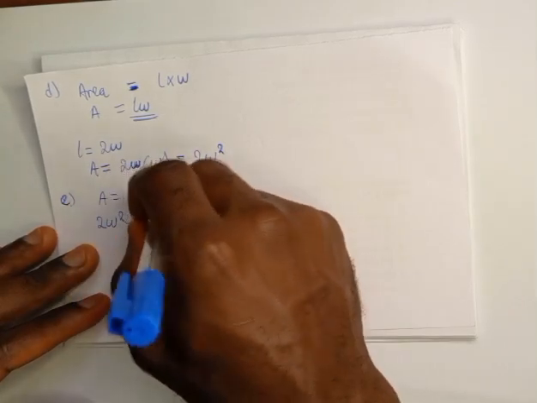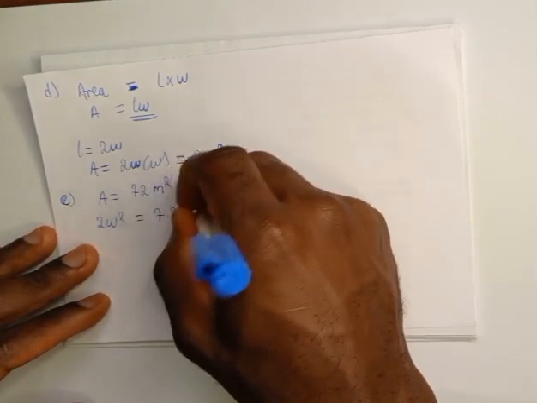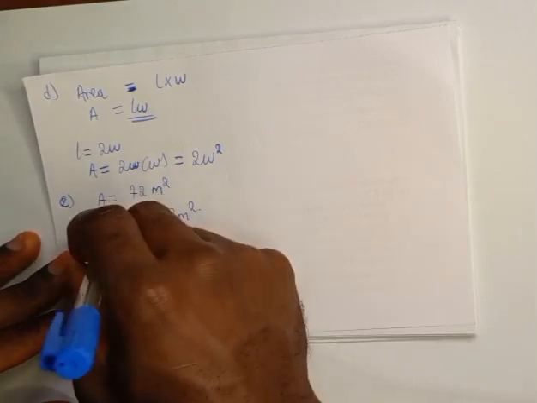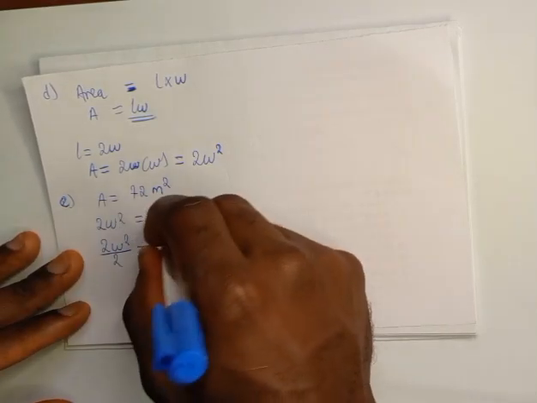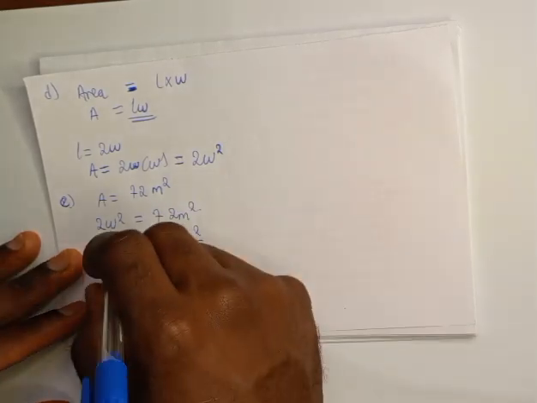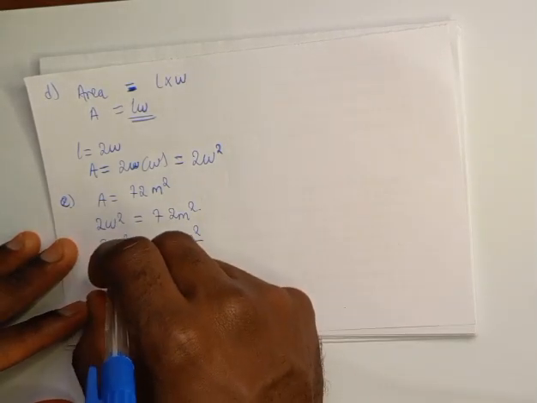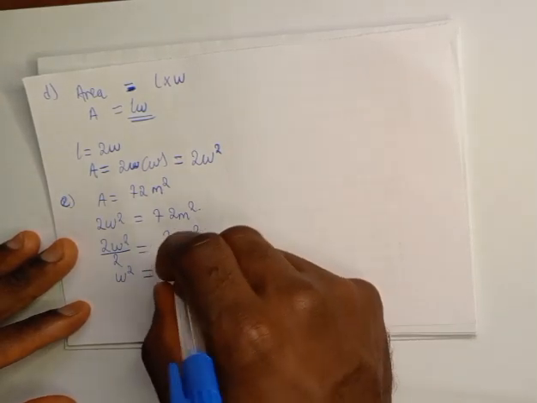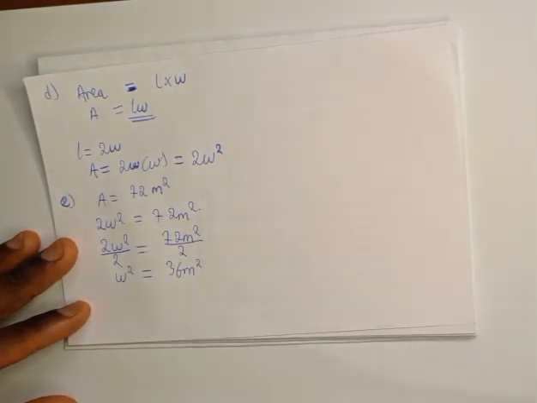2W squared equal to 72 meters squared. We are going to divide both sides by 2. This will be equal to 72 meters squared divided by 2. 2 will cancel 2. We'll be left with W squared equal to 36 meters squared.